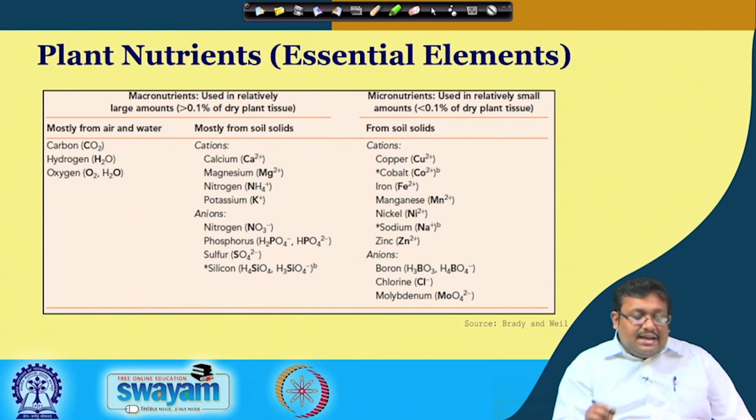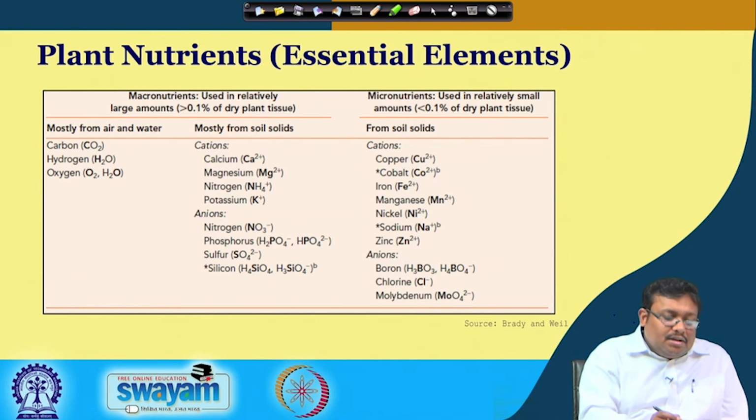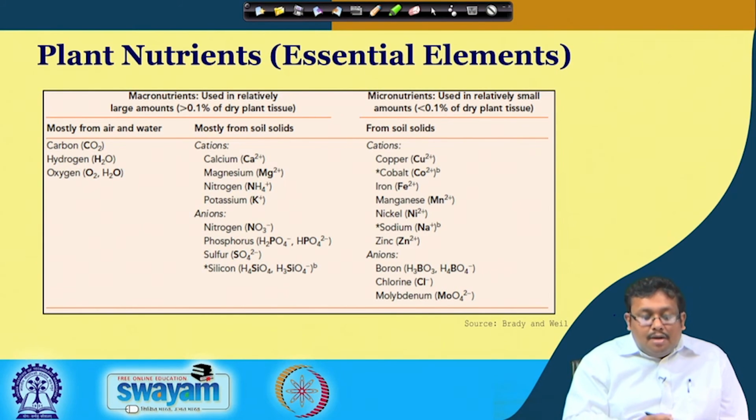So, if you see the essential nutrients of the plant, we broadly classified them, as you can see in this table, into macronutrients and micronutrients.